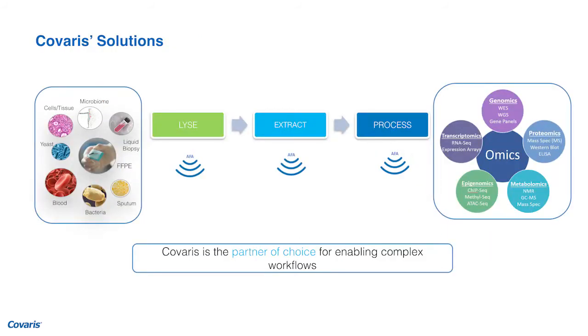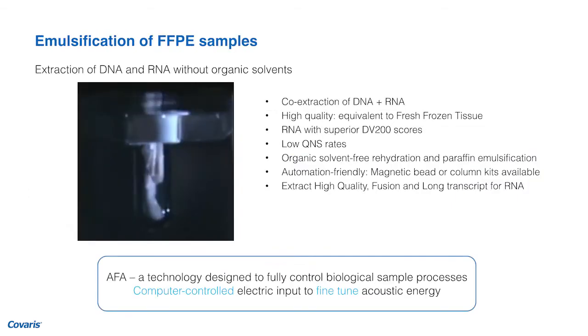Covaris AFA can be used in different steps of your methods, starting from various sample types, including formalin-fixed paraffin-embedded material. Depending on the type of biomolecule of interest and the downstream analysis, AFA can be used not only for the lysis of cells, but also for multiple steps in more complex workflows. Especially for FFPE samples, the release of biomolecules is quite difficult, especially if you are dealing with very small, old, or low-quality samples.